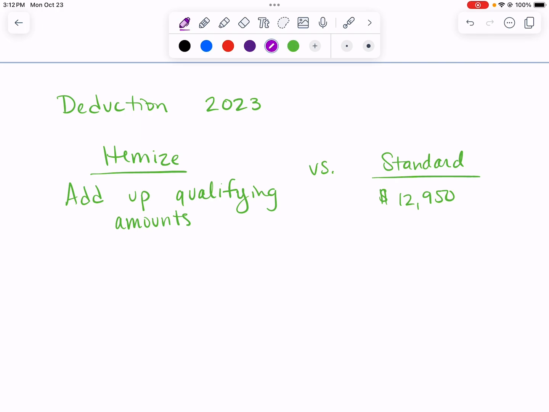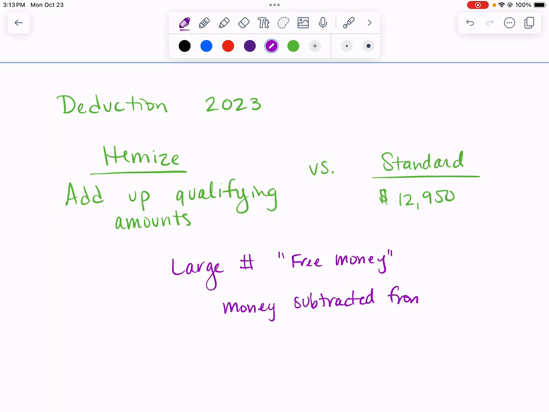So what you're doing is you're comparing these two options. You want the larger number because this is going to be, let's say, like free money subtracted from your income before you do your taxes. So the key here is, let's say you can itemize for $20,150.